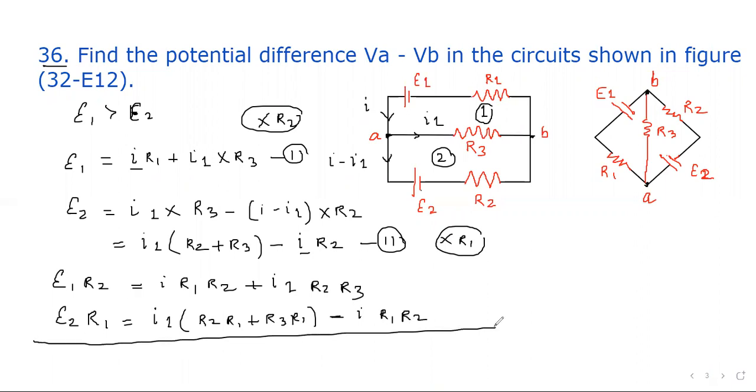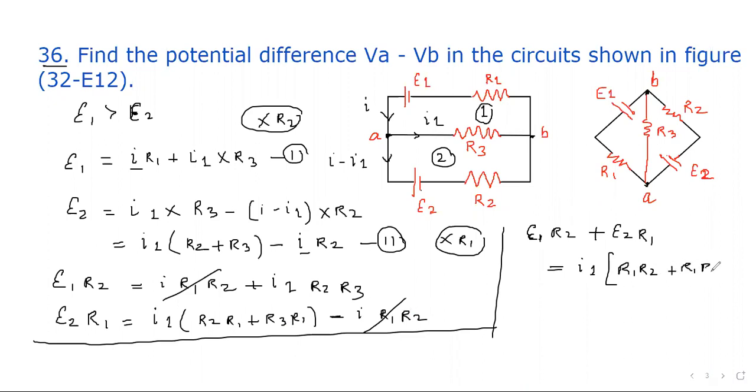If we add these two equations, this term will cancel out and we get E1 R2 plus E2 R1 equal to I1 times (R1 R2 plus R1 R3 plus R2 R3).